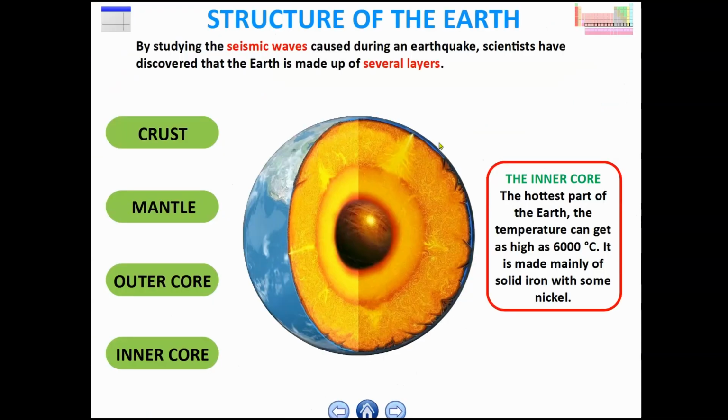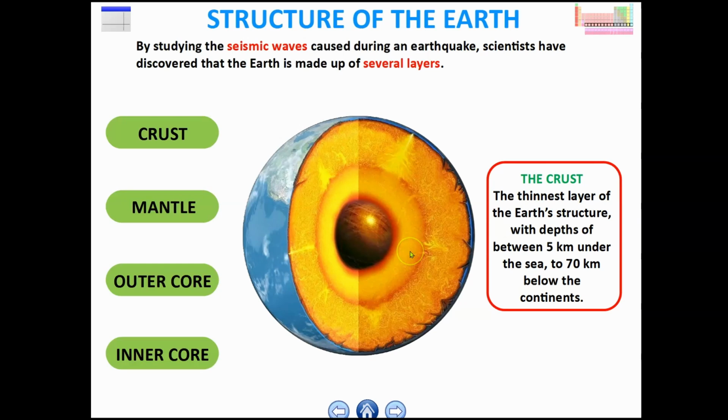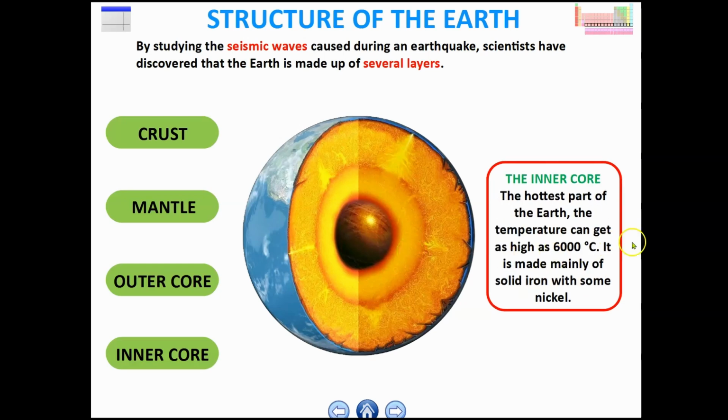Then we have our inner core, the hottest part of the Earth. The temperature can get as high as 6,000 degrees C, and it's mainly made of iron with some nickel. In certain parts it's hotter than the surface of the sun.